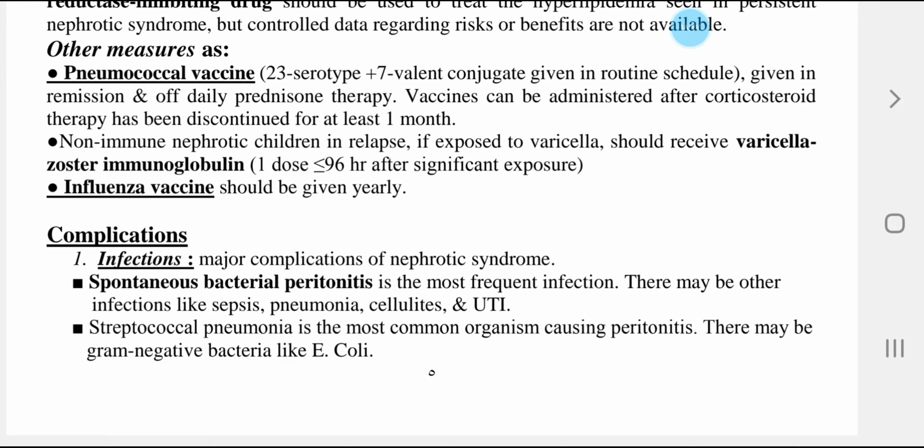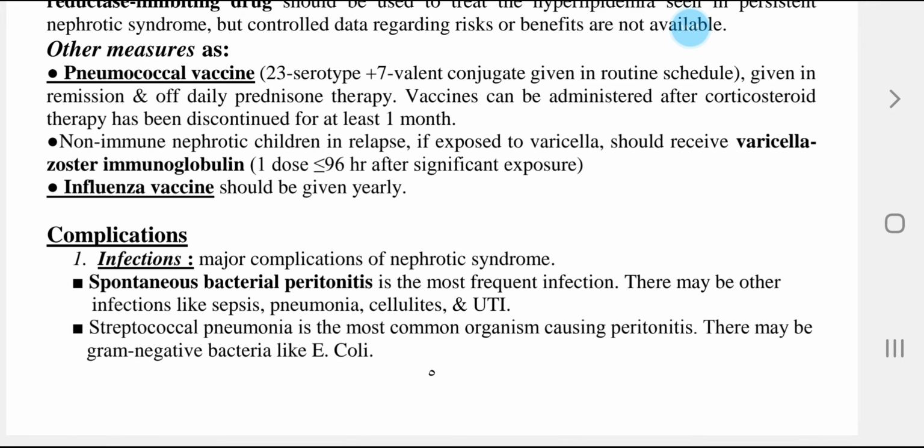Non-immune nephrotic children in relapse, if exposed to varicella, should receive varicella zoster immunoglobulin, 1 dose less than 4 days after significant exposure. Influenza vaccine should be given yearly.